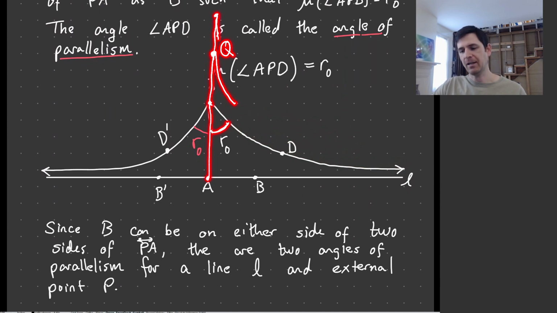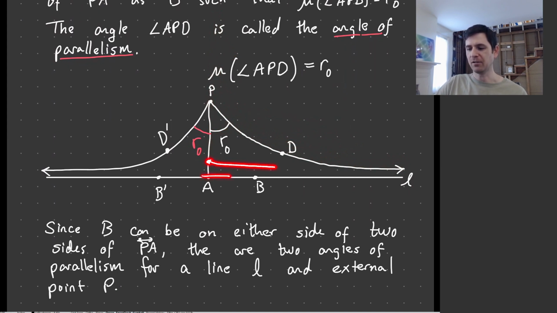The further you go away, the smaller the critical number is. You can kind of think of it as you have more time to turn to the left if you're further away, right? So if you're really close, like here, you don't have much time to turn to the left. This line is really close to you, so you're going to have a very large critical number. You have to be close to 90 degrees. But if you're really far away, like here, there's plenty of time to turn to the left.